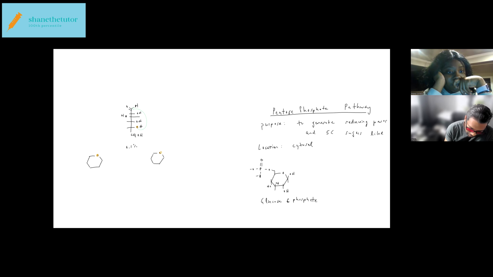And then I'll use maybe this pink color to indicate that oxygen, which then becomes the anomeric oxygen in the hydroxyl group.